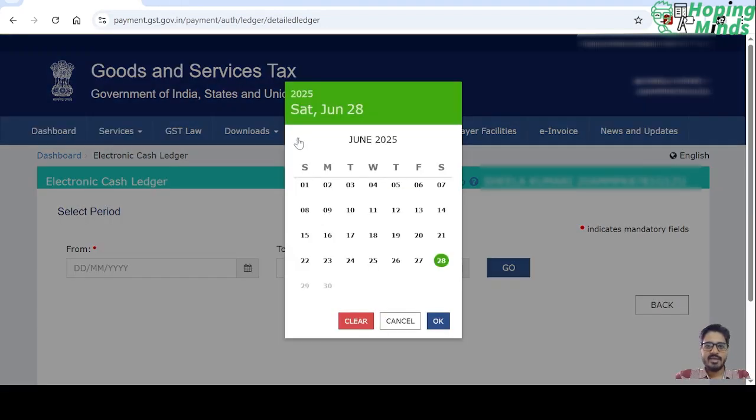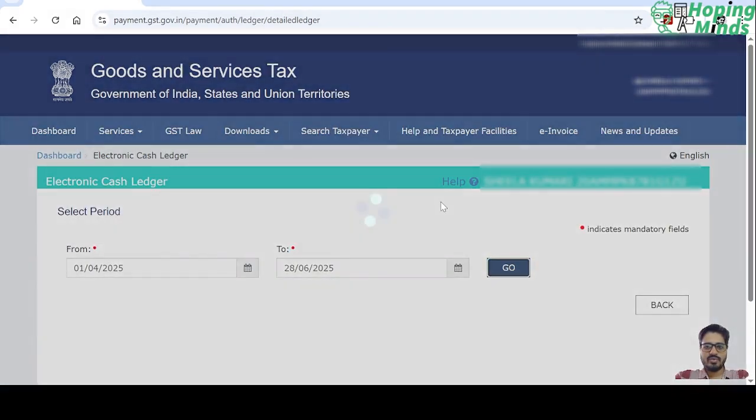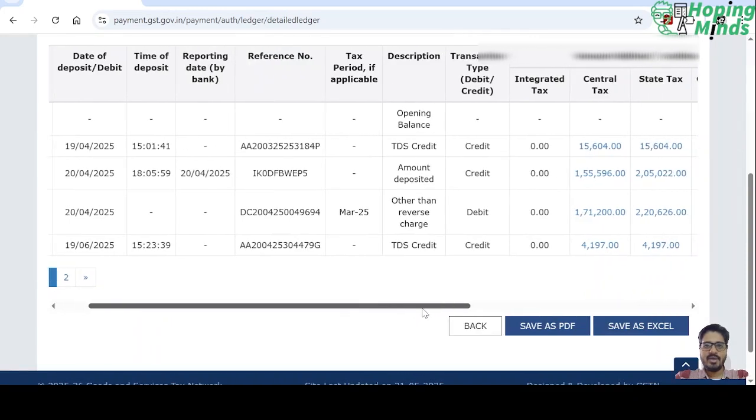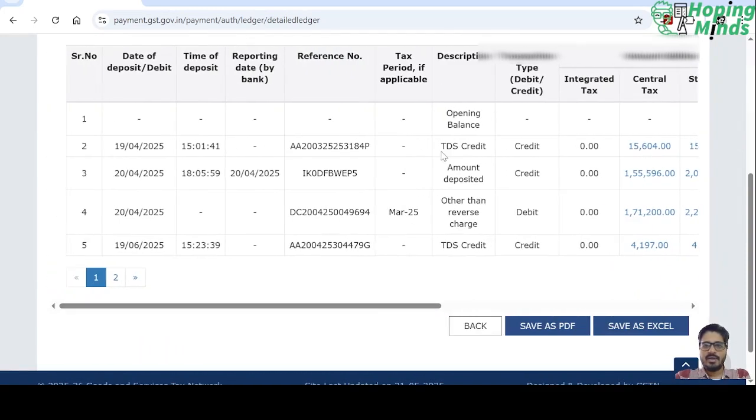So let us select from 1st April till date and go. Here we can see the TDS credit we just discussed, which appears in the electronic cash ledger. Here we have accepted the TDS credit and this gets credited to the cash ledger.